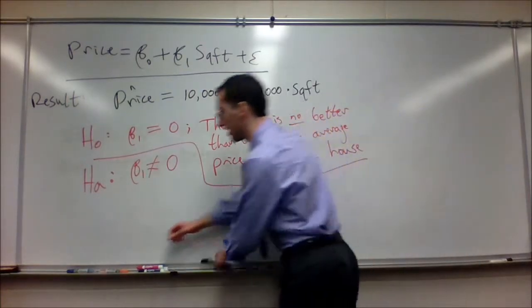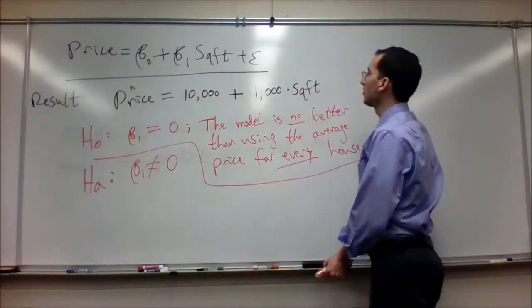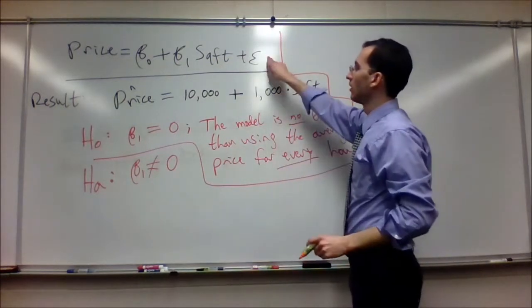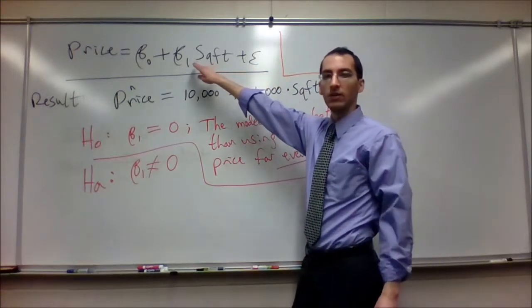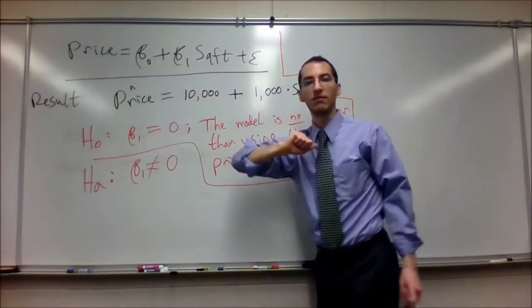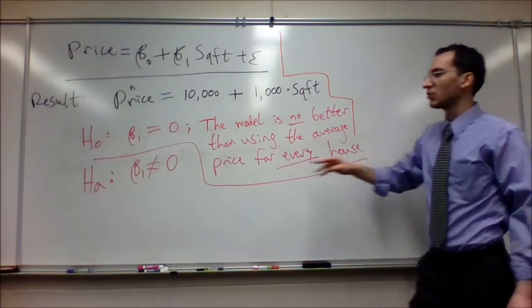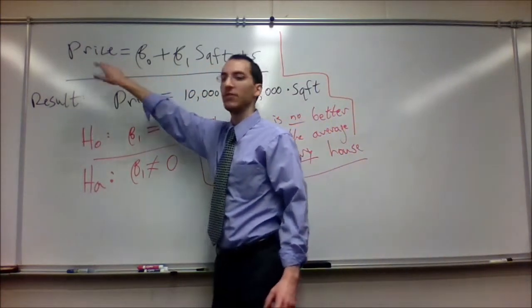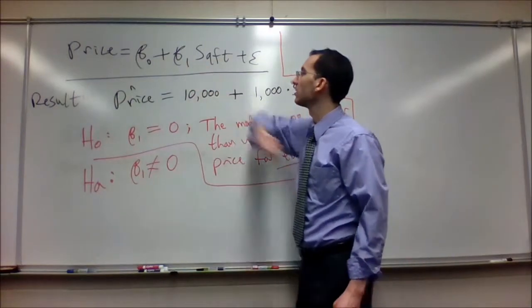And let's connect why. Let's plug a 0 in for beta 1 up here. Let's assume the null hypothesis is true and that there's no relationship between square feet and price, and I plug in a 0.